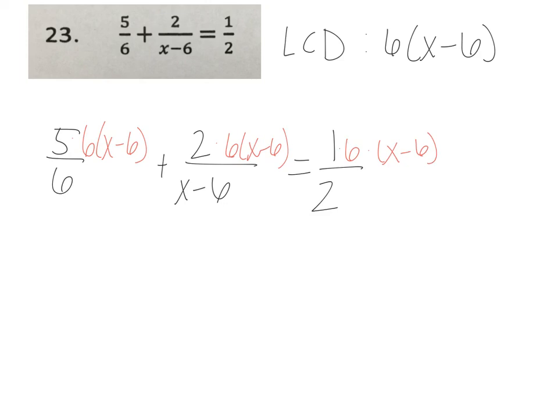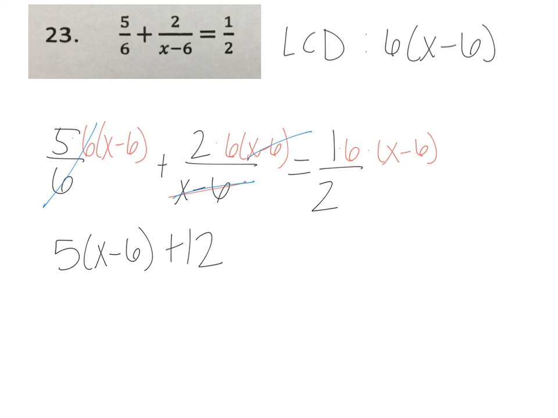So in my first fraction, my 30, if I multiply it together, 30 divided by 6 is 5. If I cancel it, the 6 and the 6 cancel, and we still get 5 times x minus 6. And in my second fraction, the x minus 6 divides out, and I get 2 times 6, which is 12.